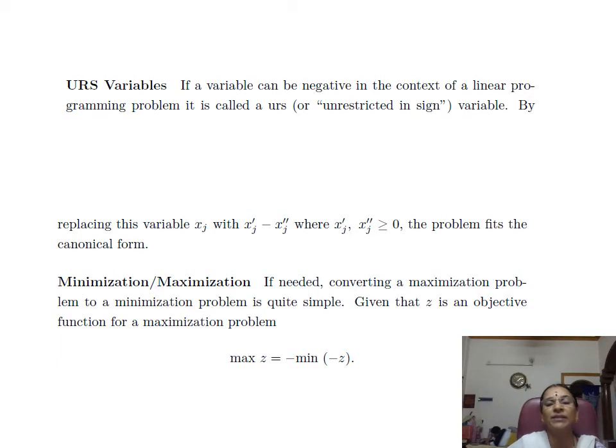Unrestricted means xj, for example x1, x2, x3, x4, are not defined. It is called an unrestricted variable. For an unrestricted variable, we take xj equals xj dash minus xj double dash, where xj dash and xj double dash are automatically greater than or equal to 0.